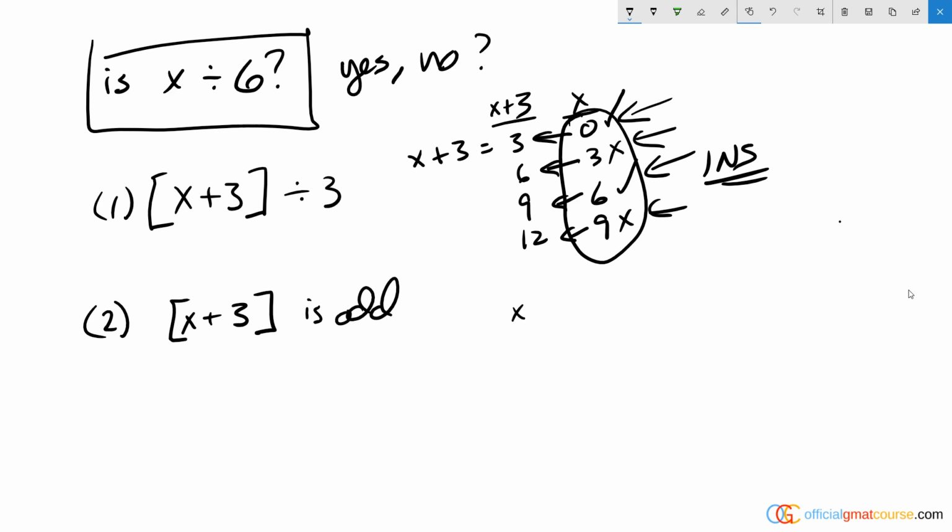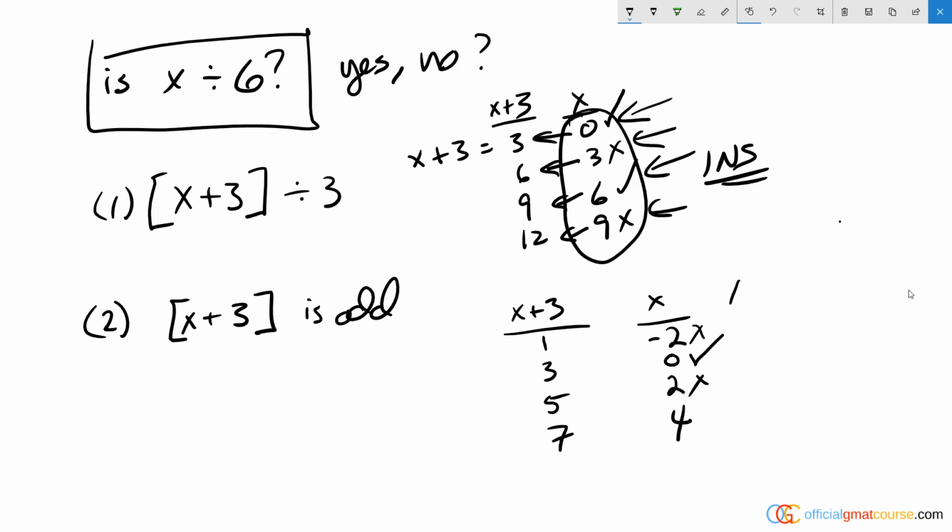Looking at statement 2 on its own, x plus 3 is odd. Well, okay, let's look at what x plus 3 could be. X plus 3 could be 1, 3, 5, 7, and then x would be -2, 0, 2, 4. And if I look at this situation, I see that some of the answers are divisible by 6 and others are not.